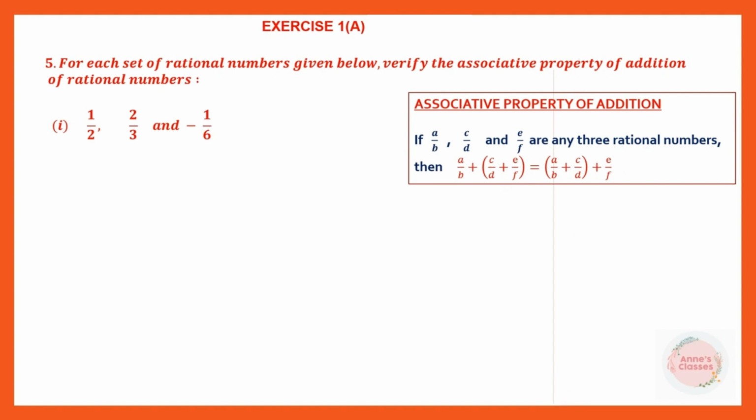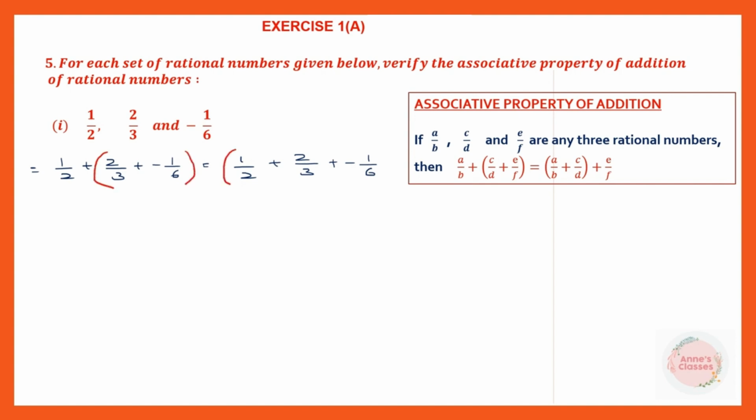So let's write that. This will be 1 by 2 plus 2 by 3 plus minus 1 by 6. This is equal to, again write the same three, 1 by 2 plus 2 by 3 plus minus 1 by 6. Now we're going to show the groups. Here let's take the second and the third and make it one group.